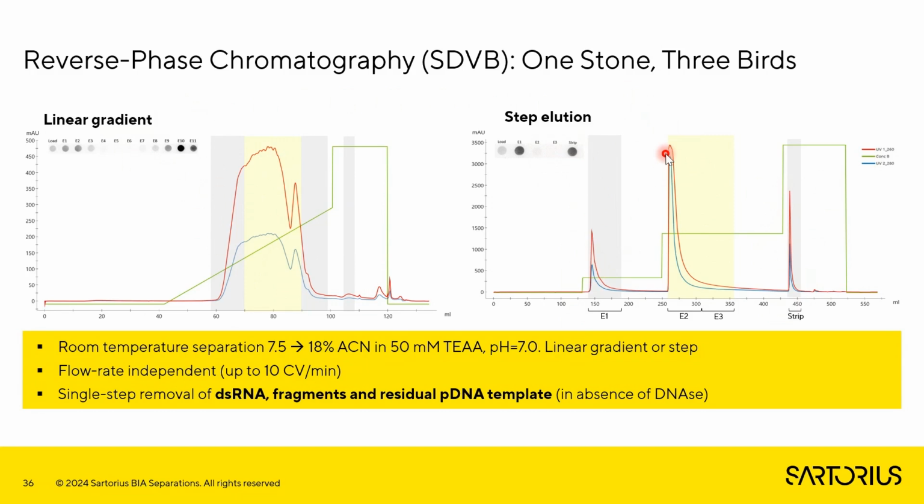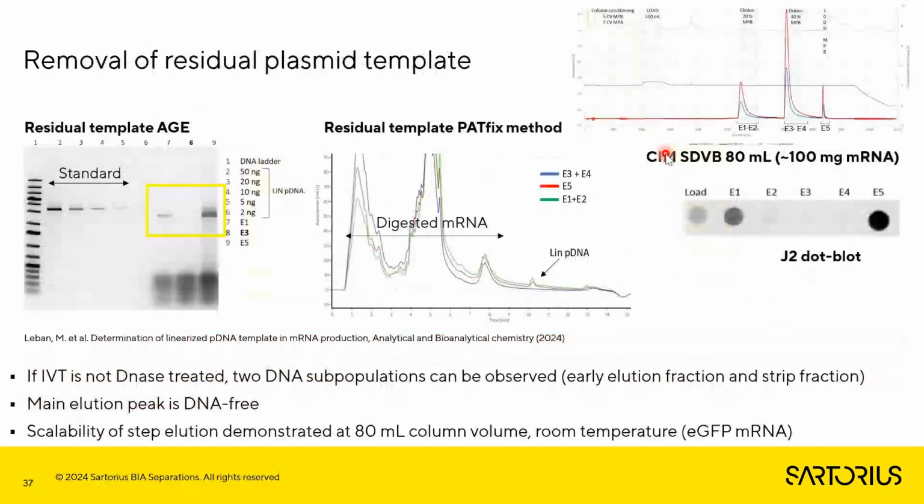But it gets better than this. We've shown that we're not only removing double-stranded RNA with this step, we also remove fragments as well as residual DNA template. We developed a whole analytical method around monitoring residual DNA clearance, which I'm not going to go into. It's published here in Analytical and Bioanalytical Chemistry.